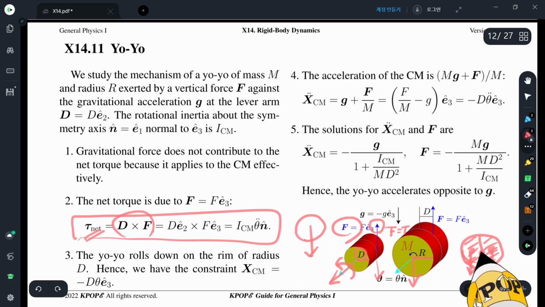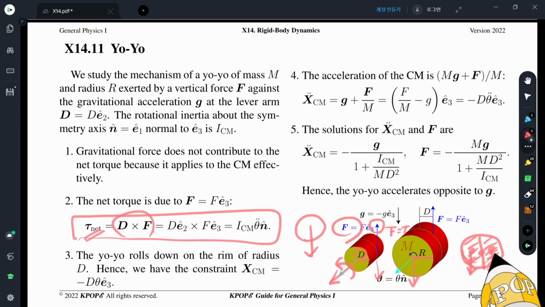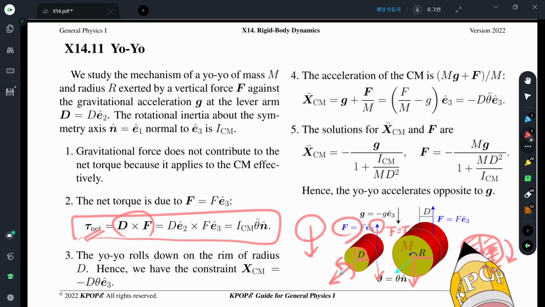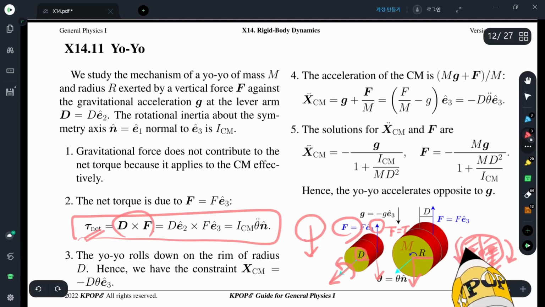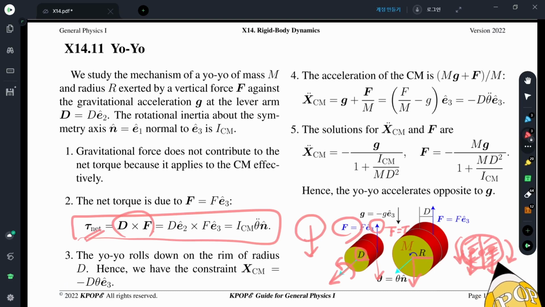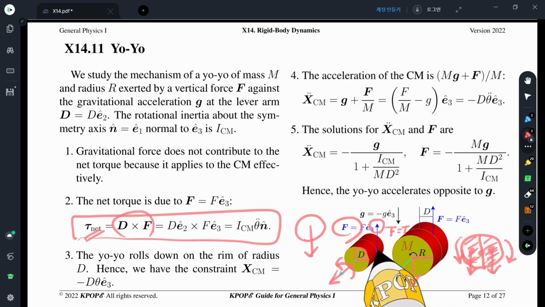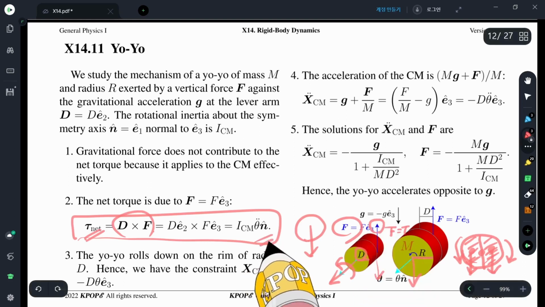However, with respect to the center of mass, the axis of rotation, the torque on the right side is clockwise, and torque on the left side is anti-clockwise, and the magnitude is the same. So the torque due to the gravitational force exactly cancels. So the only torque applied to this system is due to the tension of the string, and that is that.